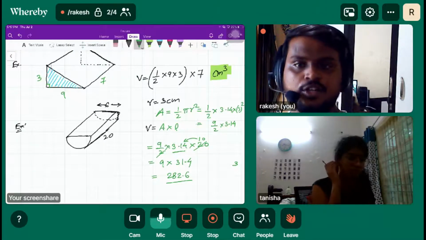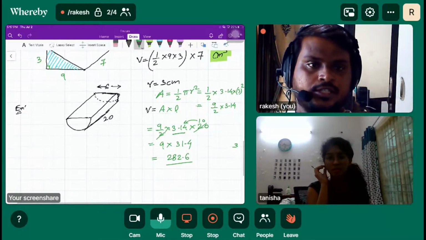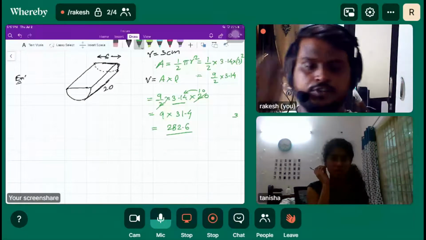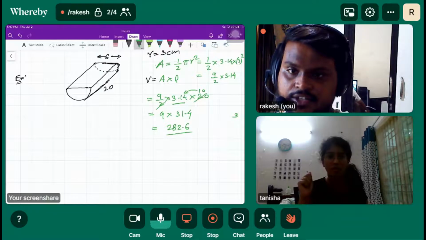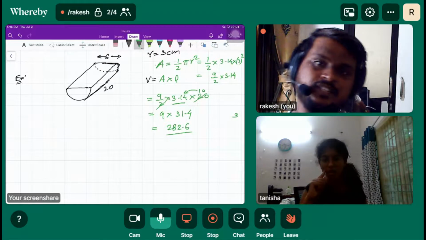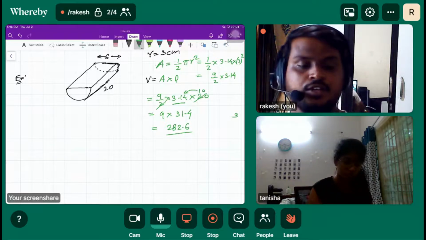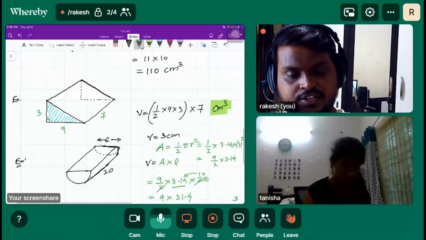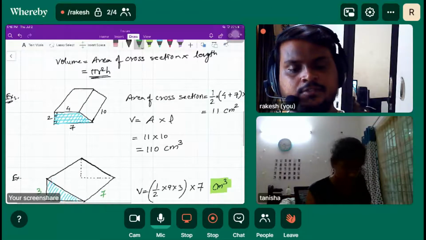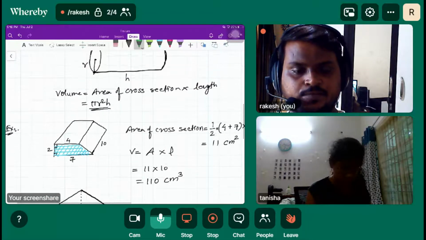Okay, good. 282.7. So you must have simplified it before. Okay. So let's move to the next part of this, that is pyramid. We have understood the cylinder, cuboid, cube, prism, right? Now next is pyramid.